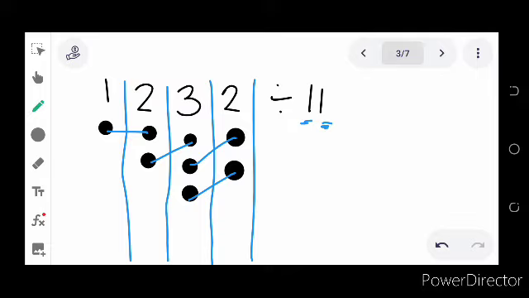We are done. Now, to find the quotient, we have to count how many connections have been started in each column. In this column here, one connection has been started, so we have 1. In this column here, one connection has been started, this one, because this connection belongs here. We have already counted it. So you only have this one for this column. So you have 1. Next column, you cannot count this because this connection comes from here.